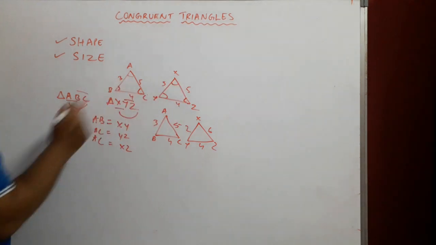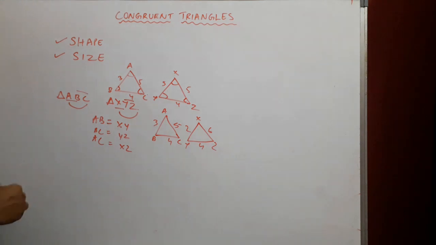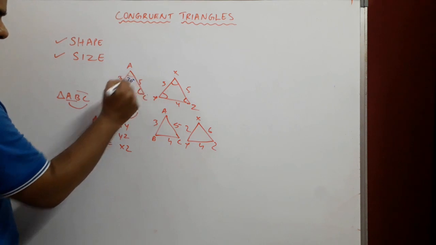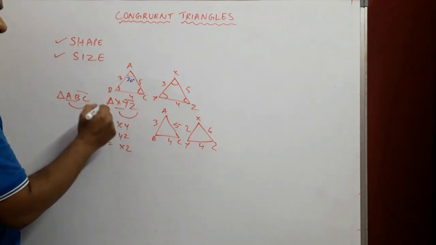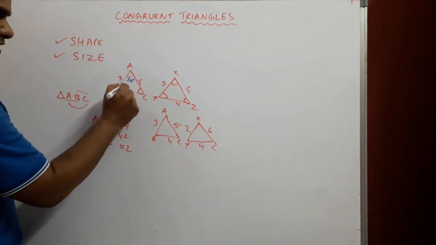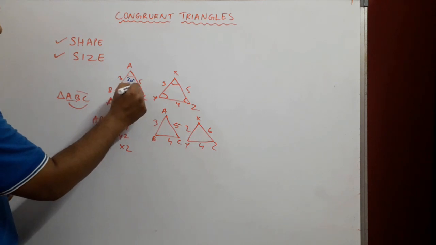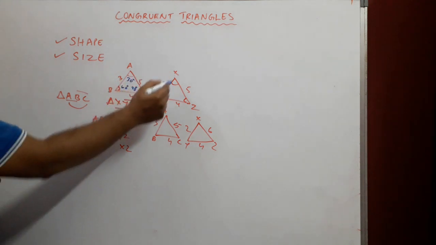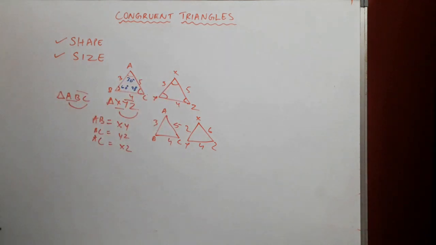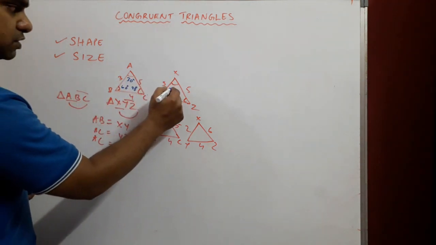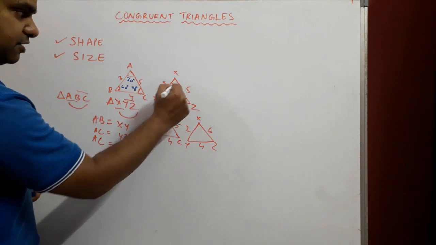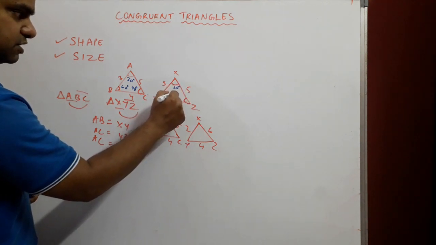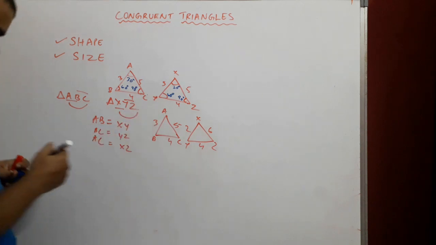For example, in this case, if we take angle A as, let's say, 30 degrees, angle B as 60 degrees and angle C as 90 degrees, then for triangle XYZ to be congruent to triangle ABC, the corresponding angles also need to be equal.